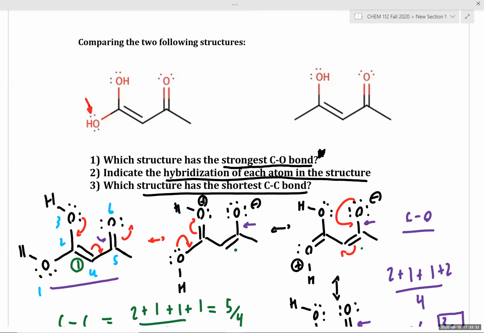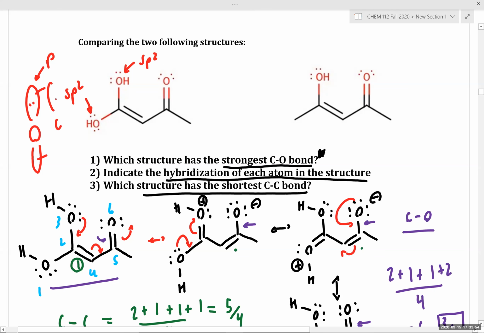If it has its lone pair in a p orbital connected to our pi system, what must the hybridization be at minimum? sp2, exactly right. So each of these oxygens are sp2 because the oxygens have a lone pair in our p orbital. That's how it's able to participate in resonance. Does that make sense to everyone?